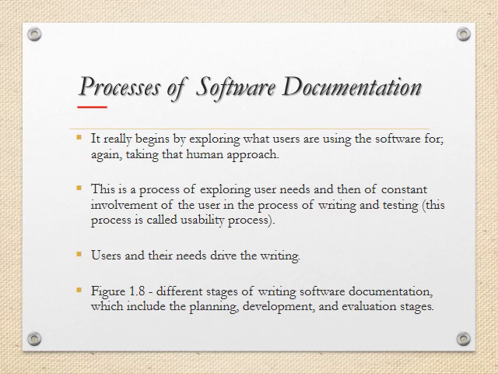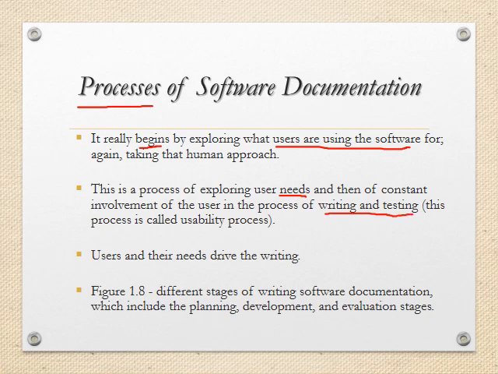Following with the processes of software documentation. This process begins by exploring what users are using the software for, taking that human approach. This is a process of exploring user needs, which means analyzing the user, then constant involvement of the user in the process of writing and testing.